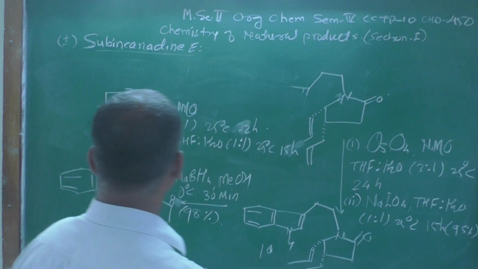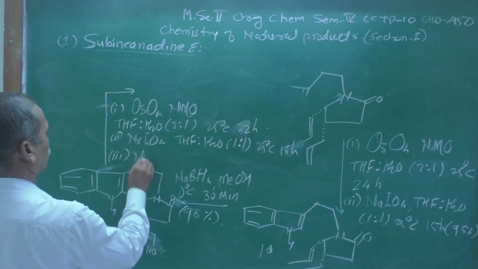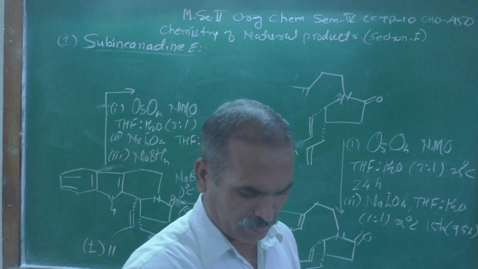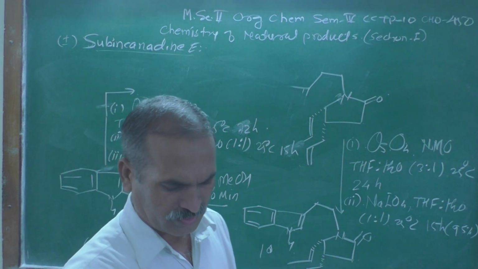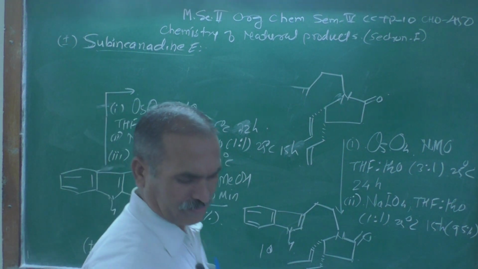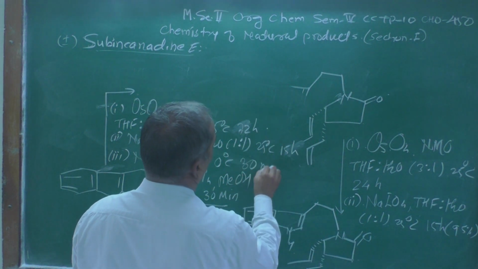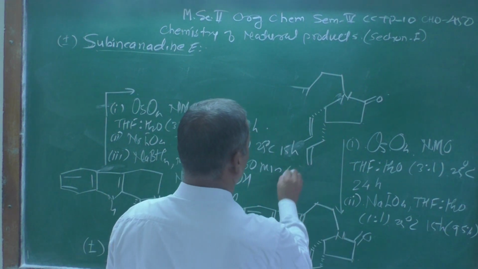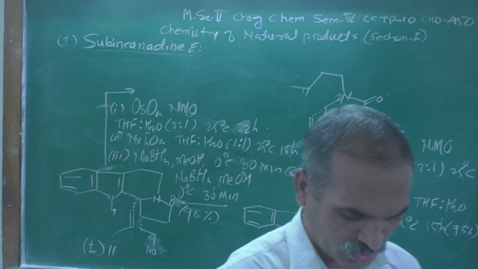And the third reagent used here is sodium borohydride, methanol, MeOH, 0 degrees centigrade, and 30 minutes, which gives 87% yield.